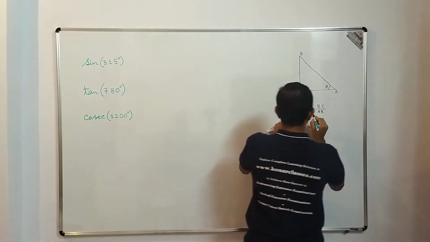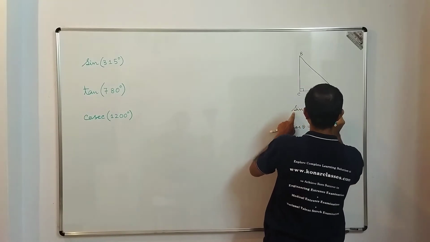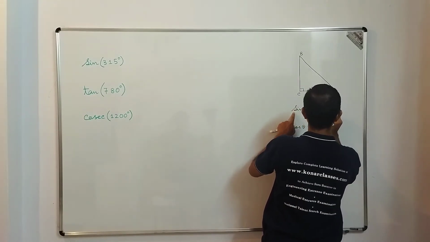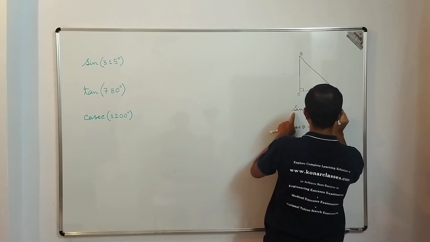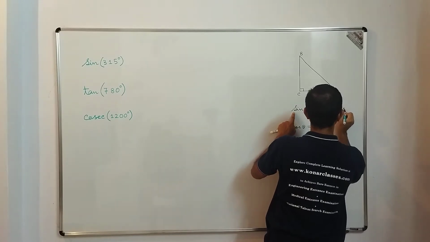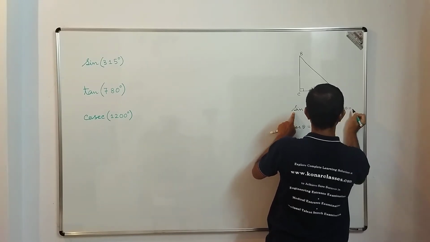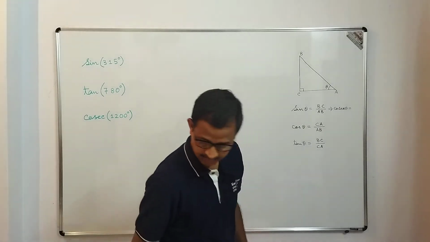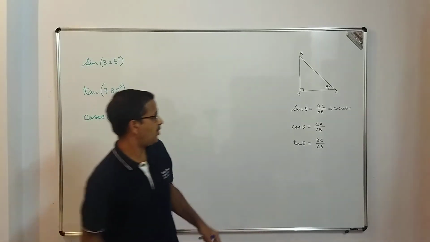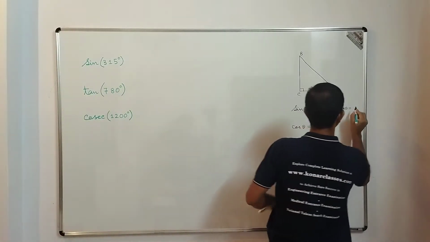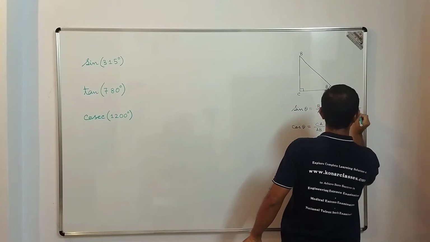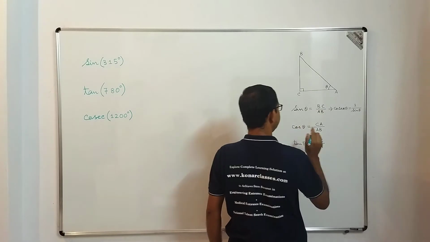Now the moment we see that sine theta is equal to BC by AB, then its reciprocal, cosec theta, is equal to 1 by sine theta. That is, it should be AB by BC.